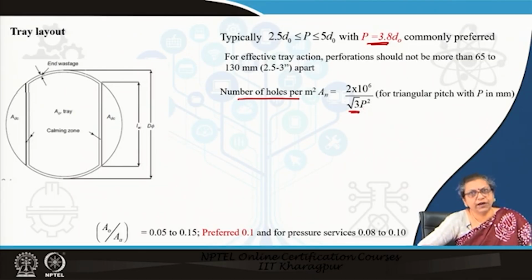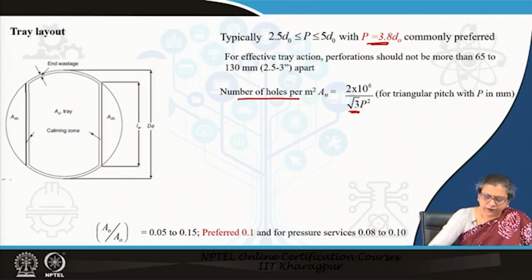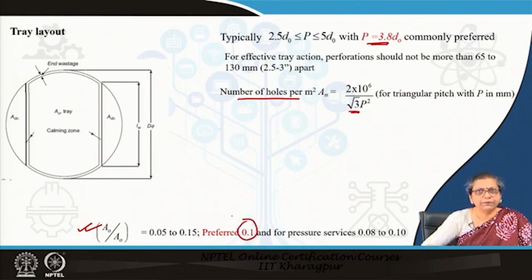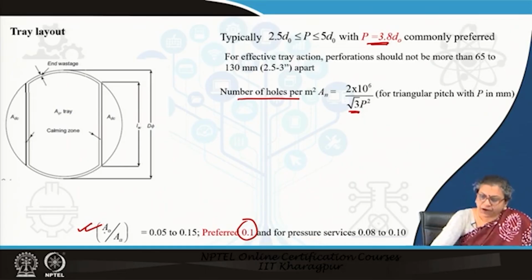Now, you can decide the perforation size, decide on the pitch, and then calculate the number of holes and try to accommodate them. We can also go a little different. We know that Ao by A, we have assumed to be 0.1. So, the total area occupied by all the holes you can easily find out from this Ao. Now, once you know this, you know the area of each hole.